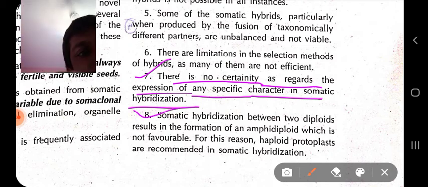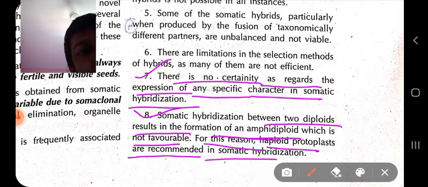Somatic hybridization between two diploids results in the formation of an amphidiploid, which is not favorable. For this reason, haploid protoplasts are recommended in somatic hybridization.